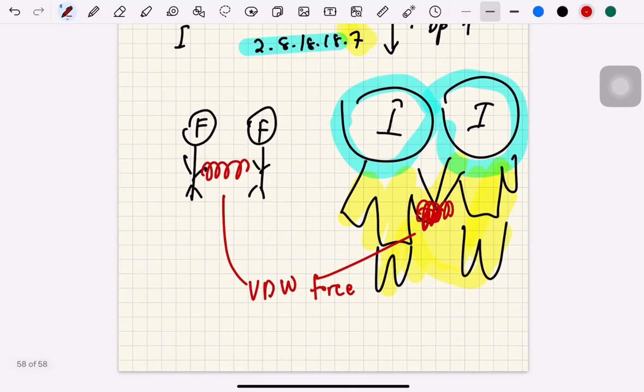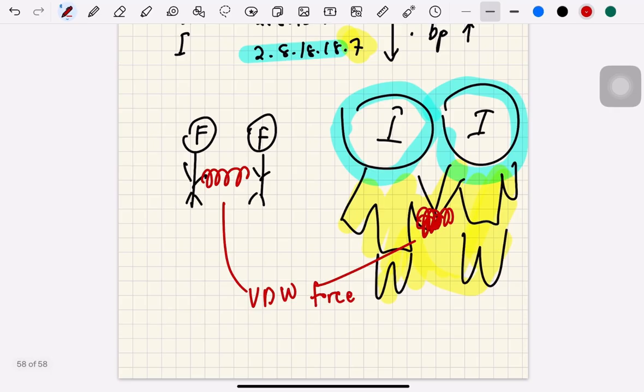So now let's see, the question asks why the boiling point increases going down the group.